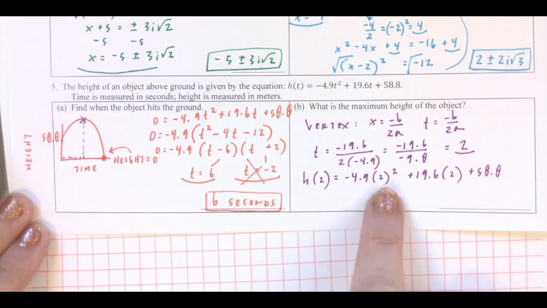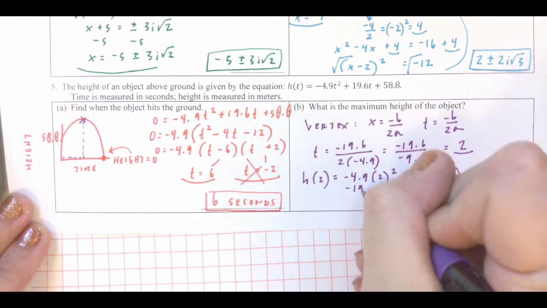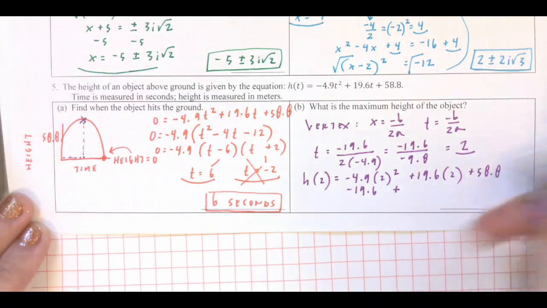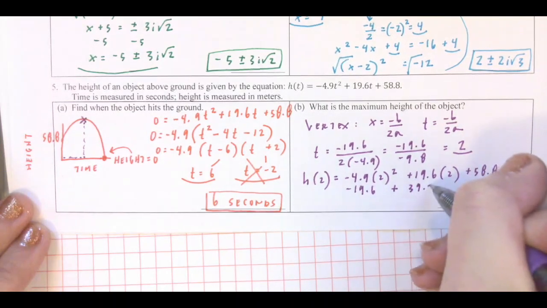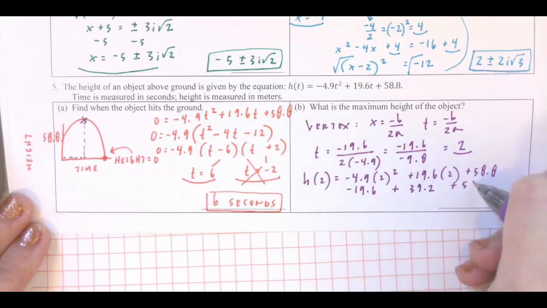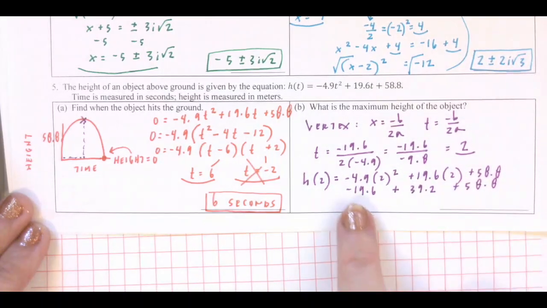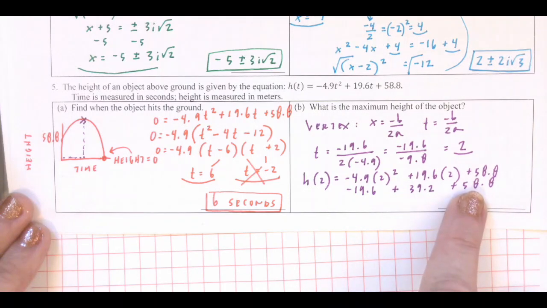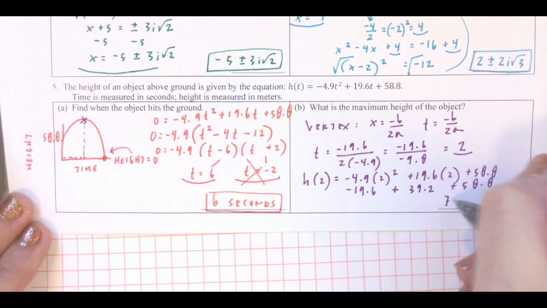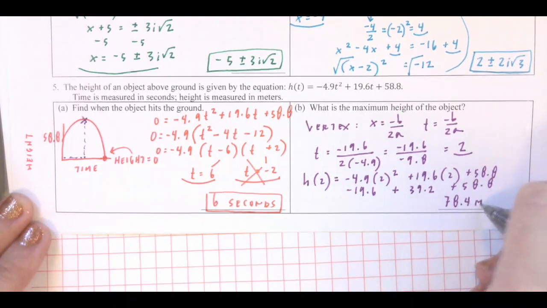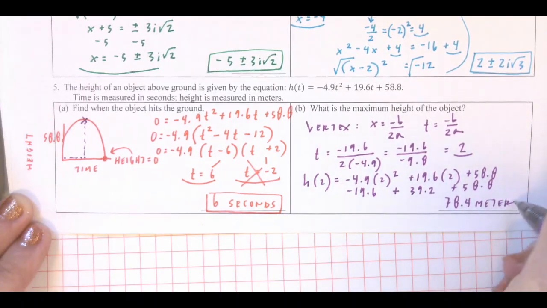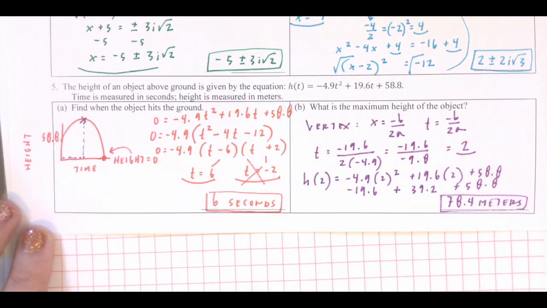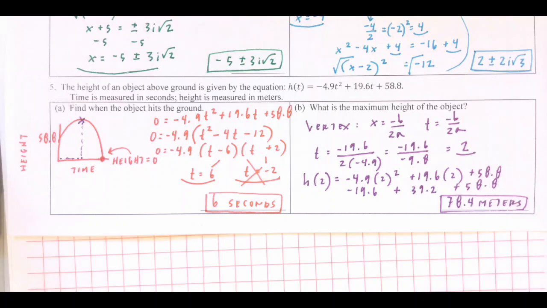Negative 4.9 times 4 is negative 19.6. 19.6 times 2 is 39.2, and then add 58.8. So when I add these together, I get 19.6 plus 58.8, and I land at 78.4 meters. All right, these are the two most common variations of those modeling problems.